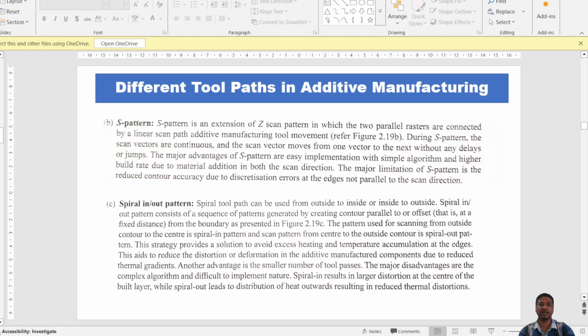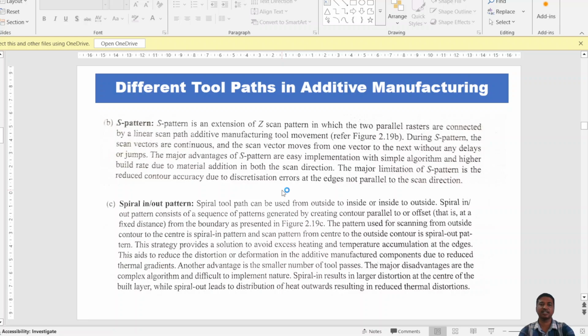The next pattern is the S pattern. S pattern is an extension of the jet pattern in which two parallel rasters are connected by a linear scan path of the additive manufacturing tool movement. Later, we will see the S pattern structure. In the S pattern, the scan vectors are continuous and the scan moves from one vector to the next without any delays or jumps.